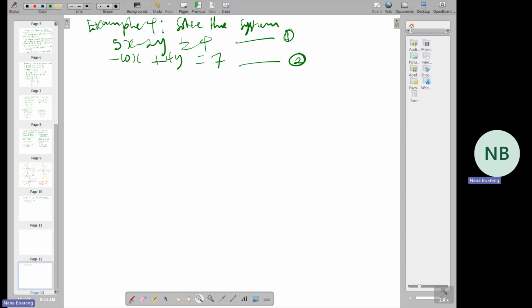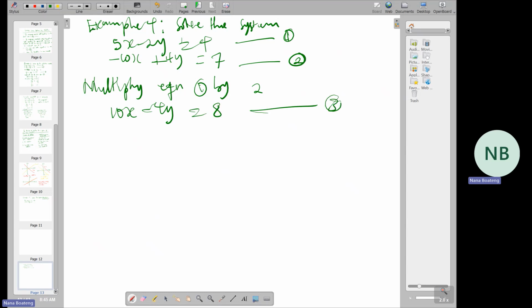So first thing is multiply equation 1 by 2. If I do that, then I'll have 10x minus 4y is equal to 8, and this will become my third equation.